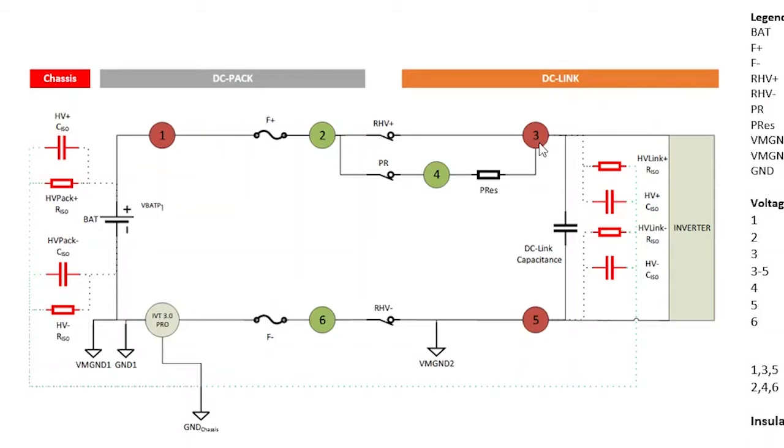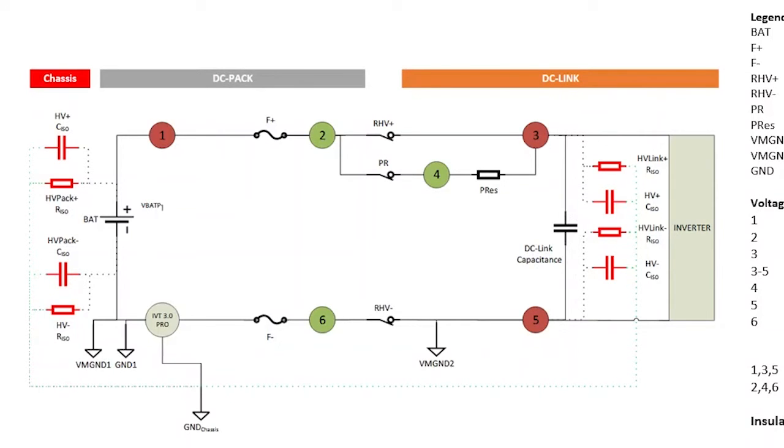And then number 4 is the voltage link precharge measurement, also called like this in the result message. Also, what IVT 3.0 puts on the CAN bus is the differential DC link voltage measurement, which is the differential voltage between voltage sensing points 3 and 5.